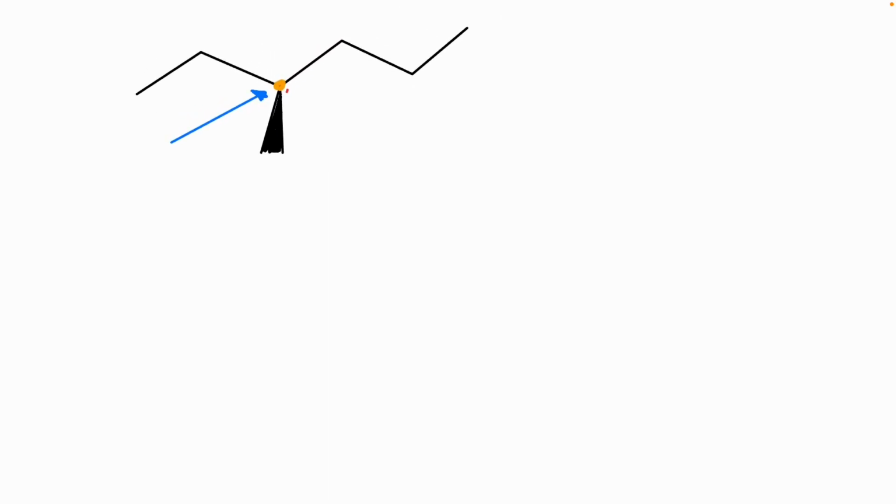So in my Newman projection, that first ethyl group is pointed up, so that's going to be right here. My methyl group, and to be clear, this intersection right here is that orange carbon, that methyl group is pointed out of the page, so that's going to go on the right-hand side here. So what should I draw on the left?